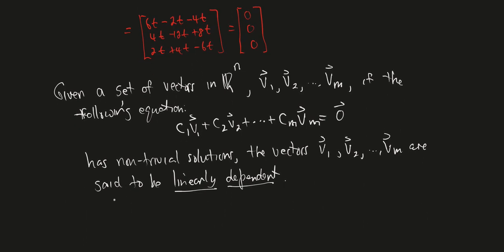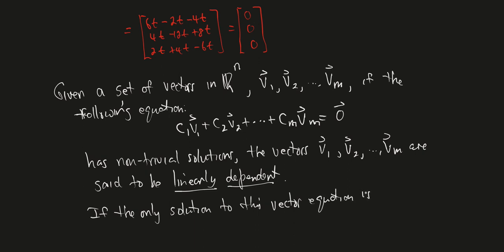So if the only solution to this vector equation is the trivial solution, right? And let's remind ourselves what the trivial solution is, where all the constants have to be equal to 0, right?